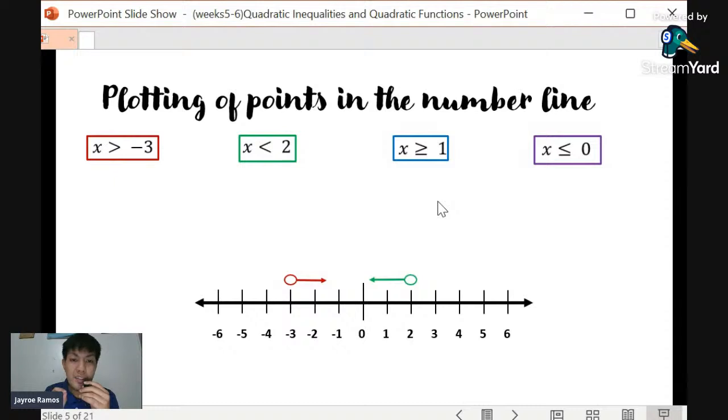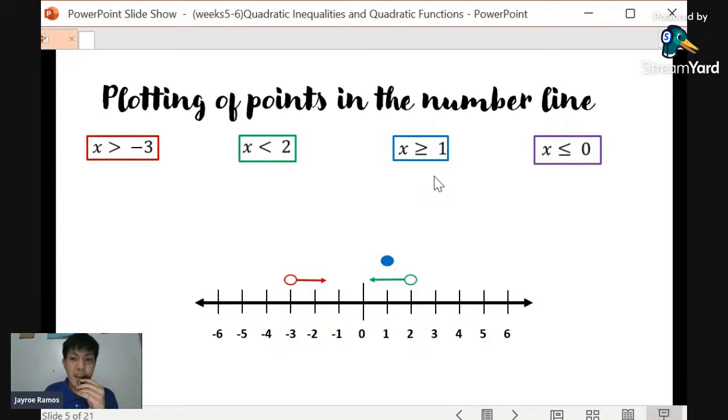Kapag sinabi namang x is greater than 1, ibig sabihin hindi kasama yung 1. Kasi nga, pag sinabing x is greater than 1 lang, mas malaki dapat sa 1. So see the difference, no? So kapag x is greater than or equal to 1, kasama ang 1. So let's determine kung nasaan ang 1. Ang 1 ay ito. Okay?